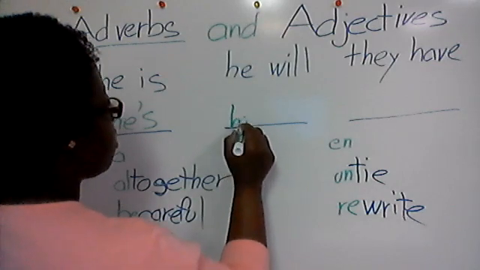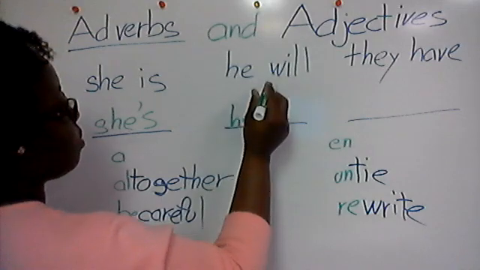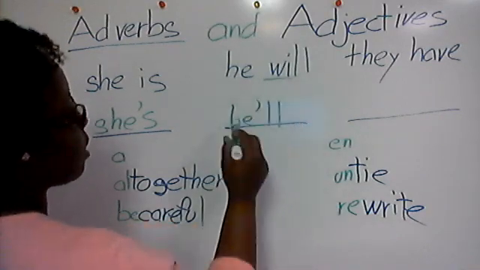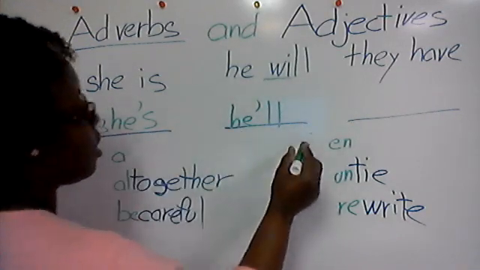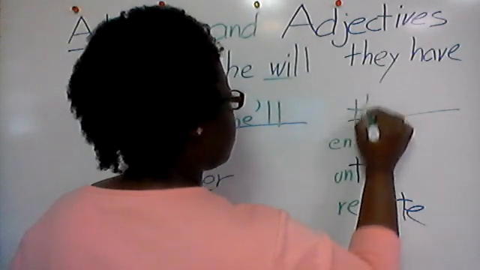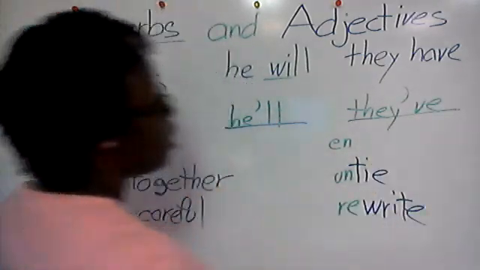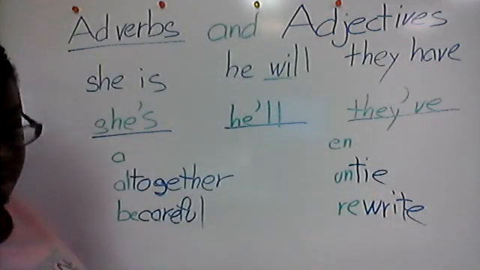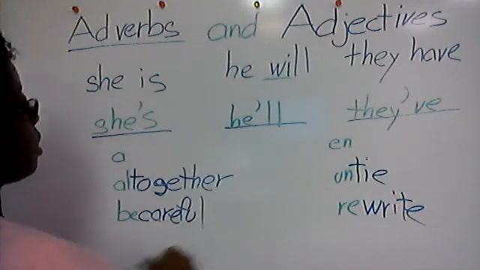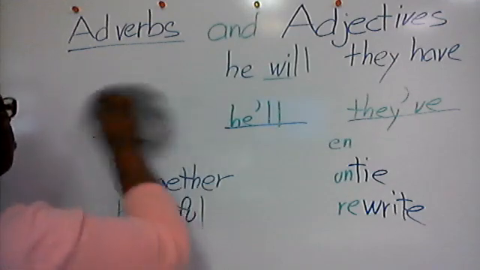Here we're going to be removing more than one letter. We took out the W-I, he'll. She's, he'll, and they have becomes they've. T-H-E-Y apostrophe V-E, they've. So I'm going to go ahead and erase these and do a couple more.